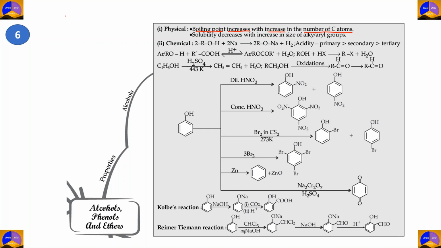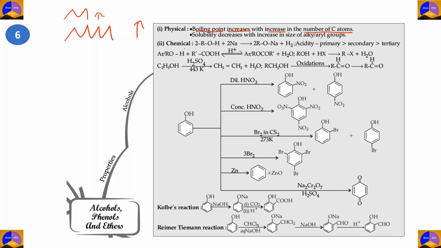What does this say? The longer the carbon chain, the higher the boiling point. So if you have a short carbon chain attached to an OH functional group, it has a lower boiling point in comparison with a longer carbon chain attached to the OH functional group.